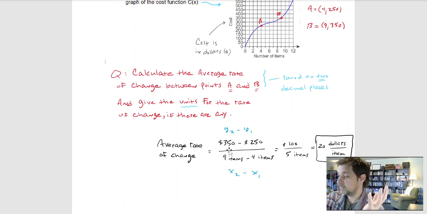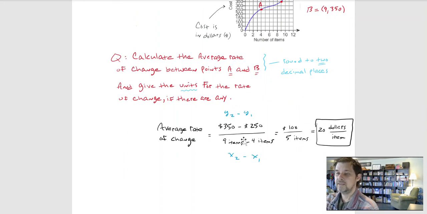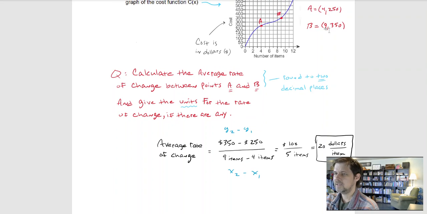Now, $350 minus $250 is $100. So notice I'm preserving the units through my calculation. And then on the bottom there, x2 minus x1. I don't take 9 minus 4 as if those are just numbers with no meaning or context to them. It was 9 items.